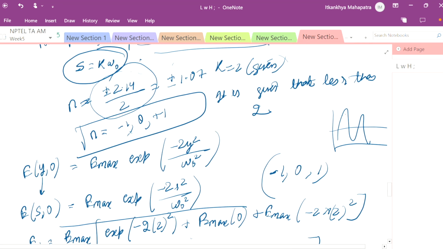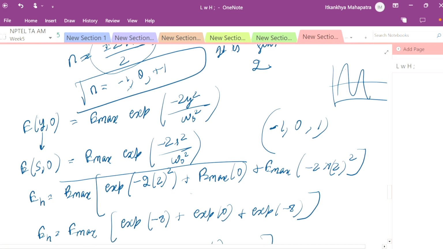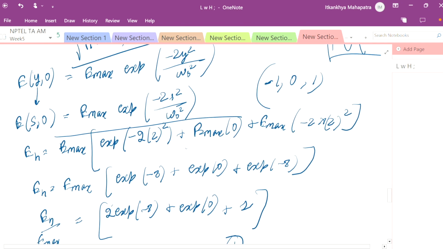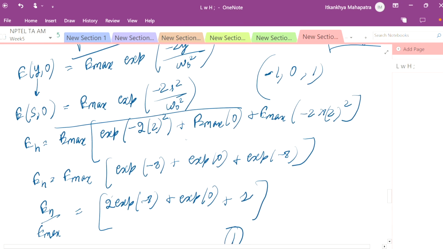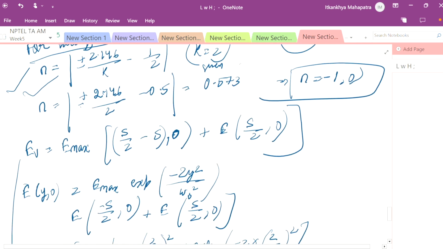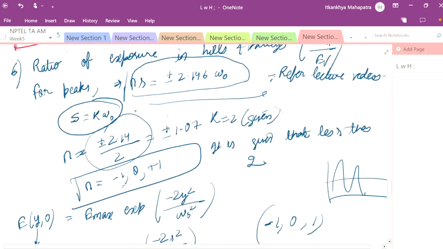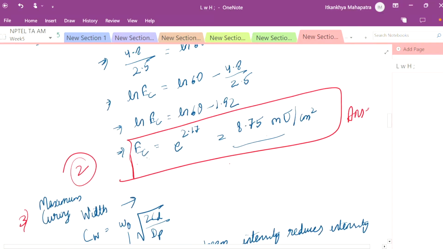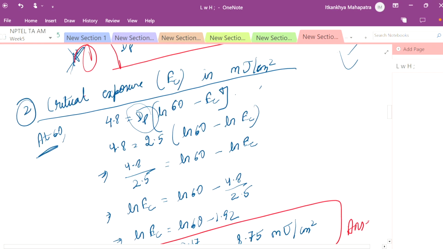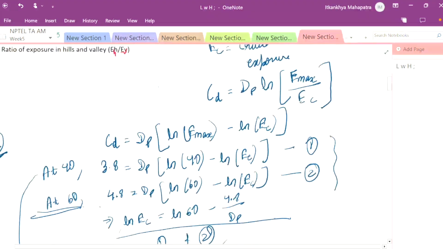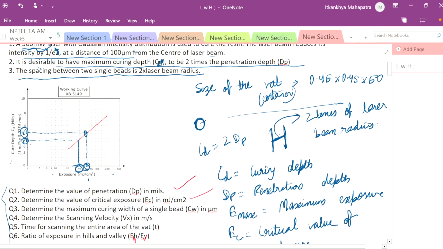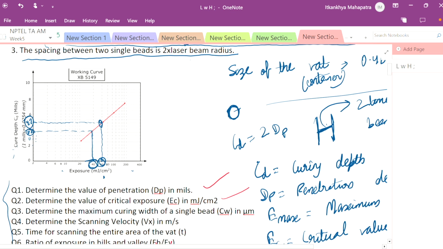With this N value we are solving for the exposure of hills. Similarly, we are doing this for exposure of valleys, and thus we are finding out. Okay, so is it clear?